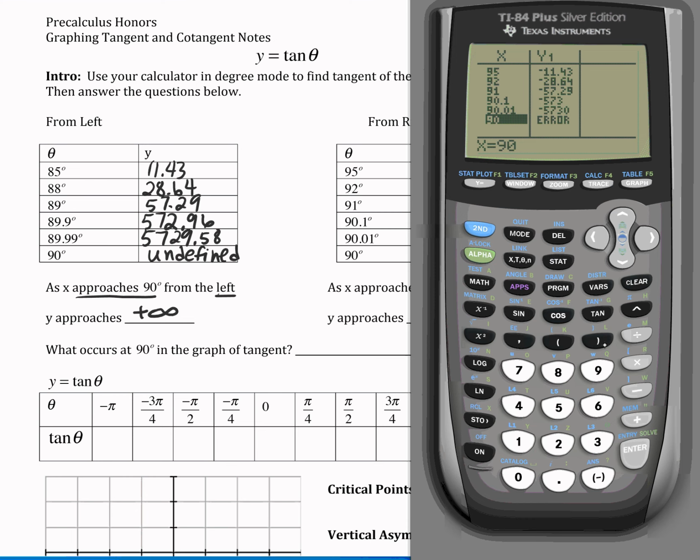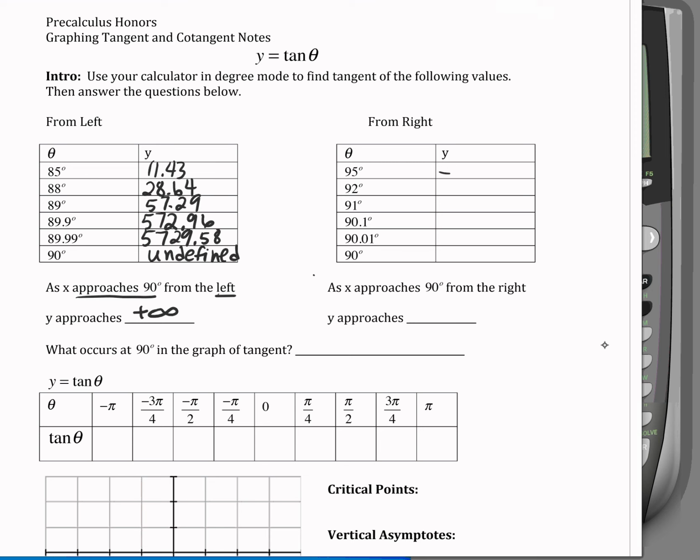So we're going a different direction here. And again, undefined. So as we're getting closer to 90 from the right, our numbers are getting larger but negative. So we're approaching negative infinity.